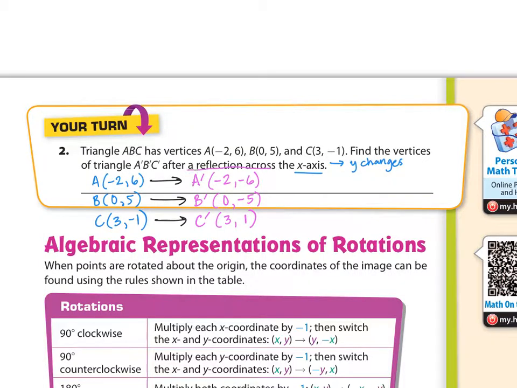And that is it. And if you don't believe that this truly works, I would get some graph paper, go ahead and plot those points, right? So plot the points A, B, and C, these ones here, and then plot those ones. You'll notice that it is a reflection of each other across the x-axis. So this ends up being our image.